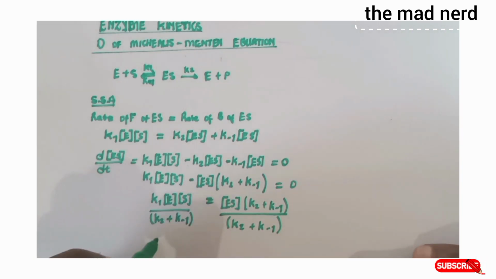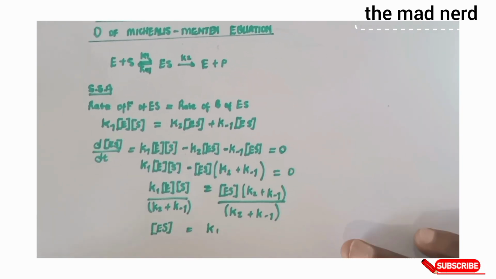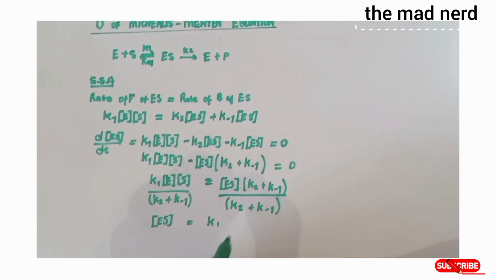And then now what you end up having is the concentration of ES that is equals to K1 over there, and then a concentration of E, and then a concentration of S, and then over now a concentration of K-1 plus K+2, and then we close those brackets.